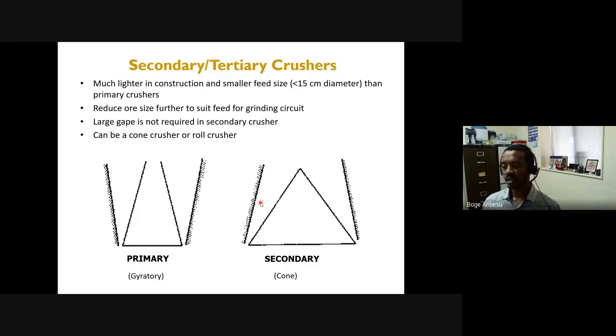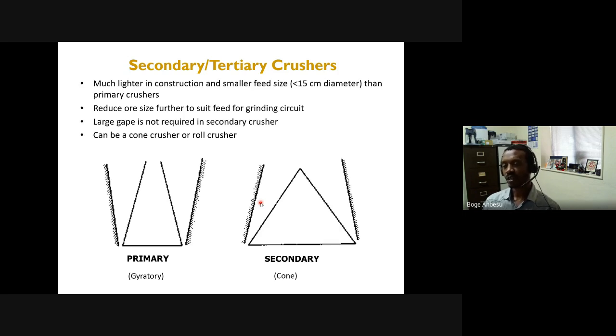You have to weigh the benefits and the disadvantages of each of them to decide what to do. But in some operations, when the rock is very competent, very hard to break, once you do primary crushing, you might need to do secondary crushing or even tertiary crushing. And for those, we use just a modified cone crusher, for example, to be used as a secondary crusher.